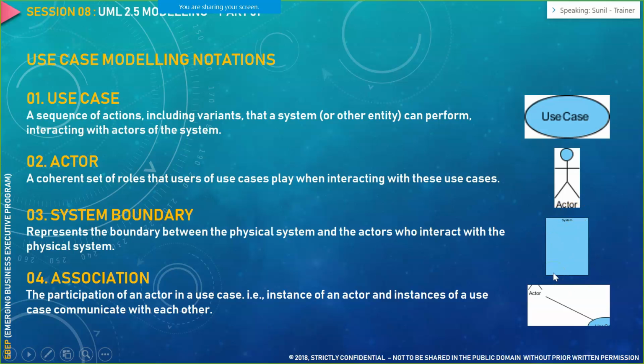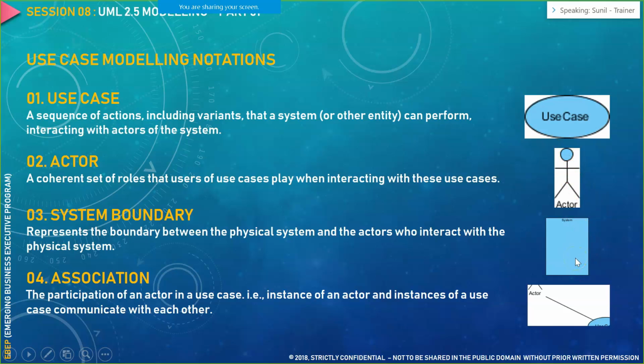Now what is a system boundary in the first place? A system boundary is the context wherein this use case and the actor would be interacting. So there would always be a system boundary. For example, your system is interacting with 10 other third-party systems. Those third-party systems are out of your system boundary. You are writing use cases for your system.